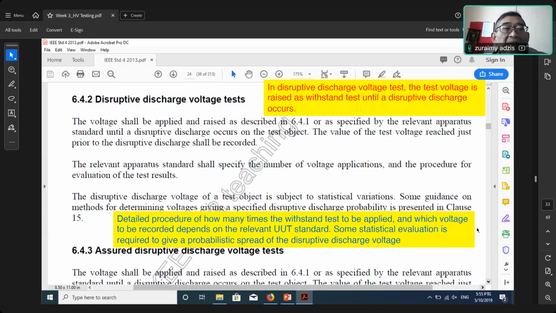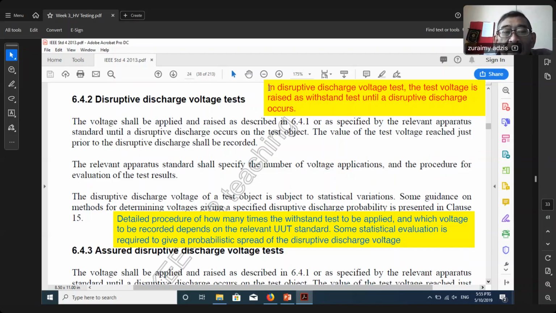In this test, the idea is to inject the voltage for a certain period of time as well and see whether the insulation breaks down at that particular voltage.